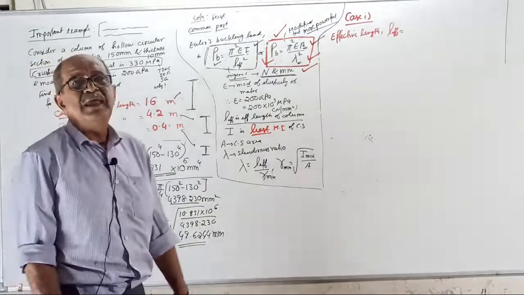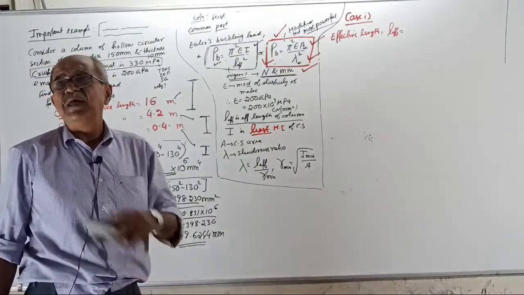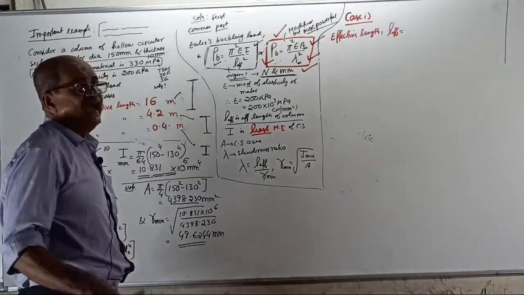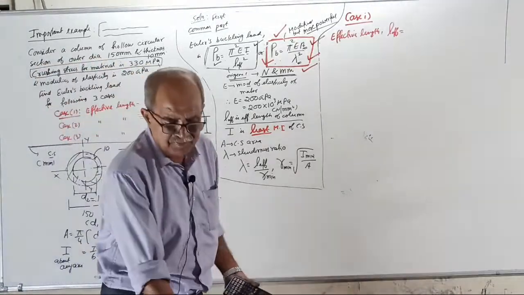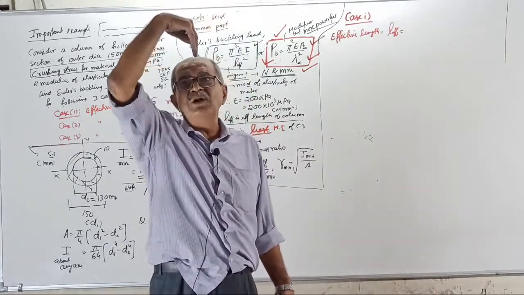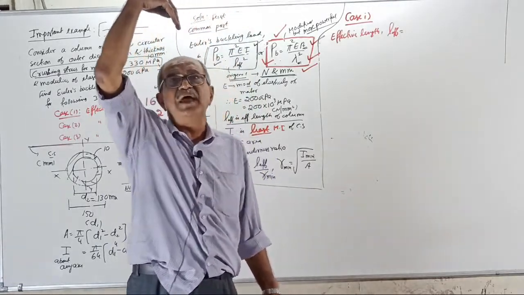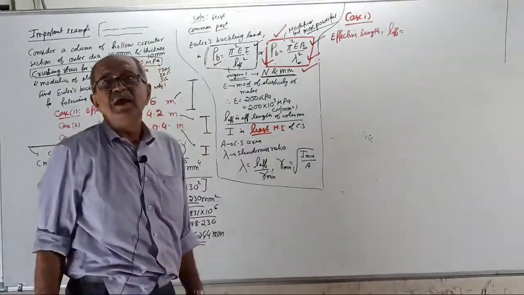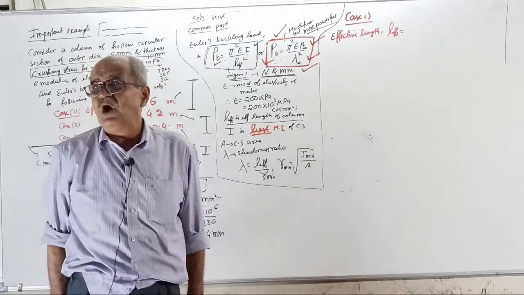Case 1, length 8 meter, L effective becomes 2L, which is 16 meter. Case 2, somewhat medium, 2.1 meter, a little more than human height. This pipe section has length 2.1 meter. When you convert to effective length, it becomes 4.2 meter.